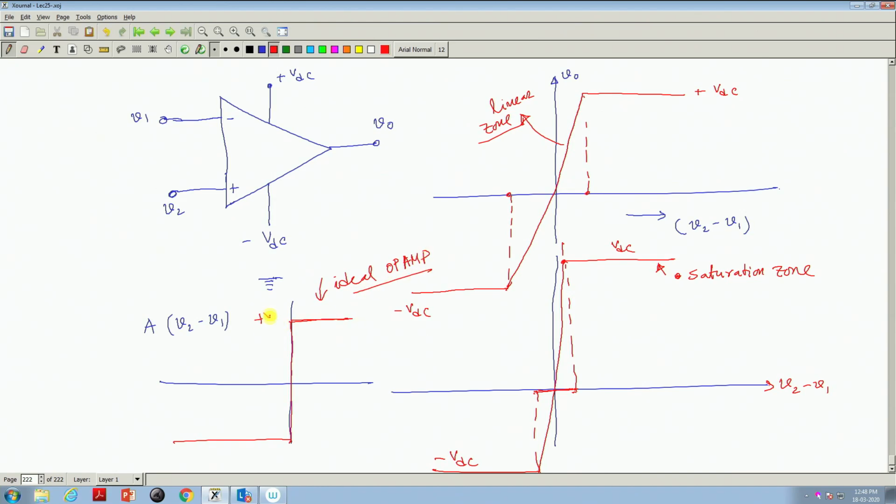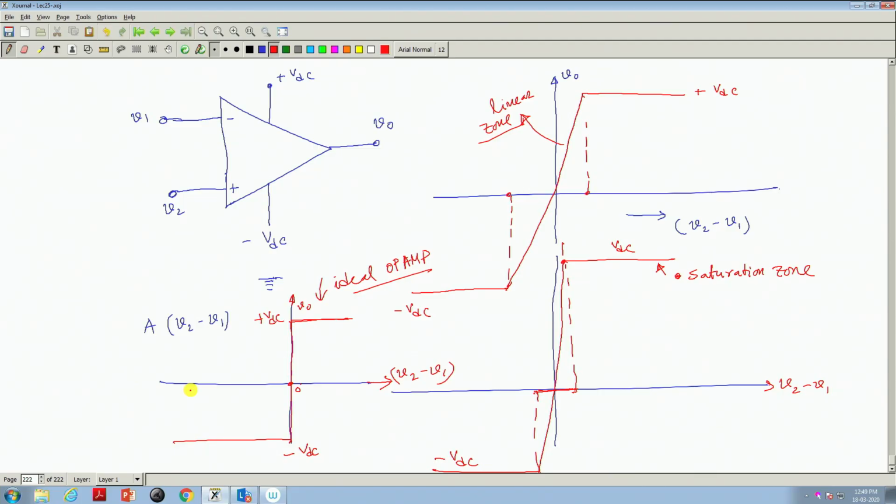This is plus VDC and this is minus VDC, and here you are sketching V2 minus V1. A slight voltage difference V2 minus V1 will give you the output voltage, which will be plus VDC, and if it is less than that, this is 0, it will be minus VDC.